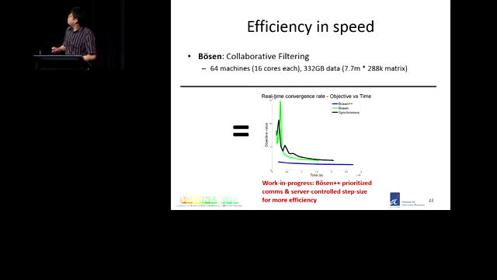When we employ prioritized communications and server-controlled step size, you can actually dramatically reduce that curve even further, as well as improve the objective quality. So what we're building here is a key-value store that employs bounded asynchronous communications to increase the iteration throughput, as well as some work on prioritization on the communication side, as well as step size control to further increase the quality of each iteration.